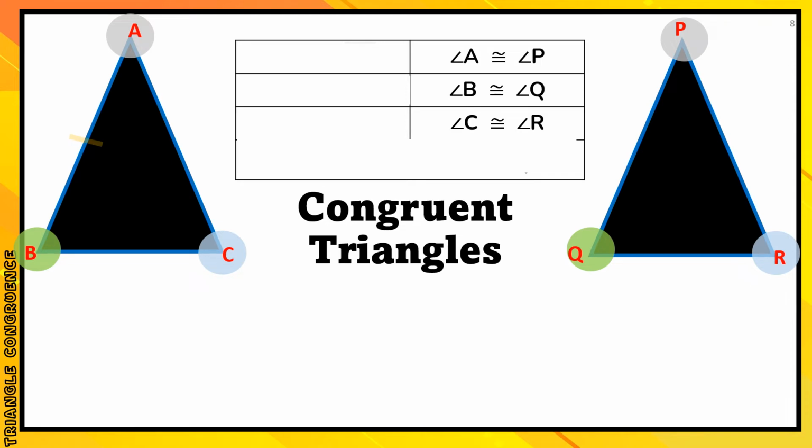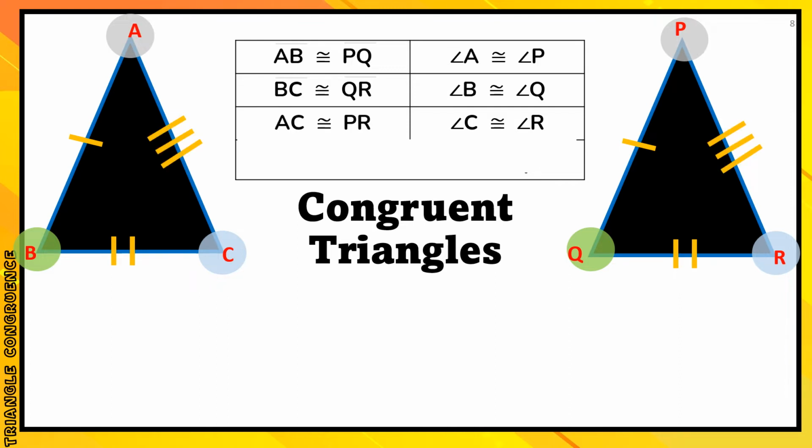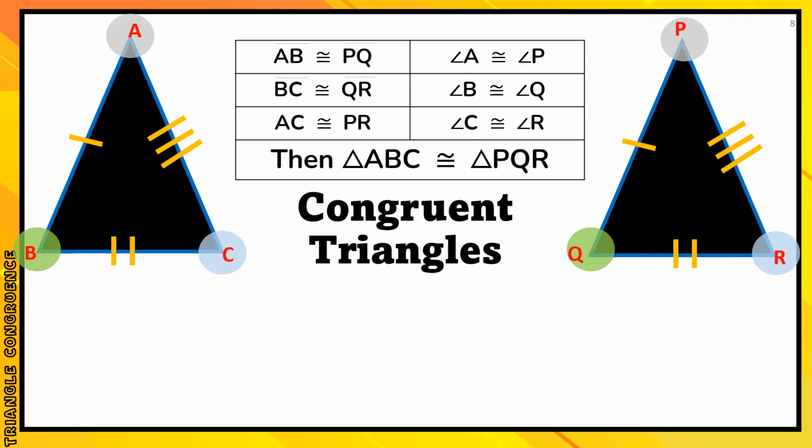At the same time, side AB is congruent to side PQ. Side BC is congruent to side QR. Side AC is congruent to side PR, meaning all parts are congruent and we can tell that triangle ABC is congruent to triangle PQR.